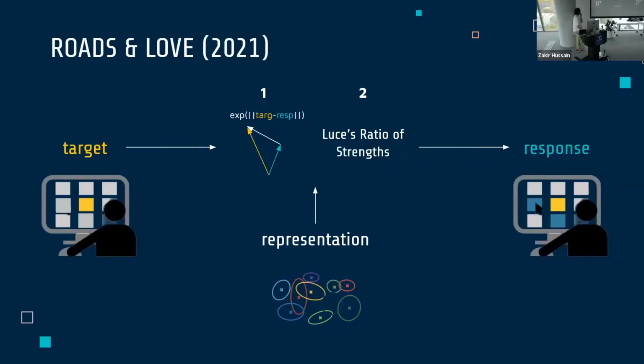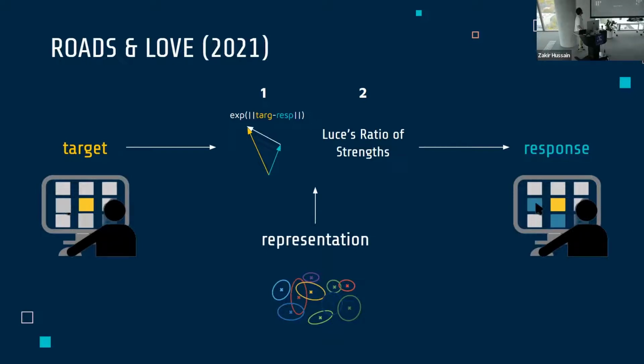So if we were to apply this idea of how people go from receiving a target word to evaluating the similarities, then in the case of Luce's ratio of strengths, you divide the similarity of the cue to a particular target by the sum of the similarities of all of the options, and that would be your probability of selecting that response.